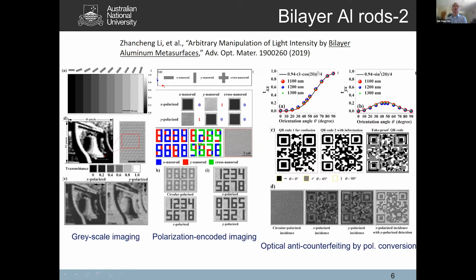So this could be used for grayscale imaging by just changing the nanorod orientation, and polarization encoded imaging, where a single pattern shows different images at different polarizations. Another example is optical anti-counterfeiting by using polarization conversion.